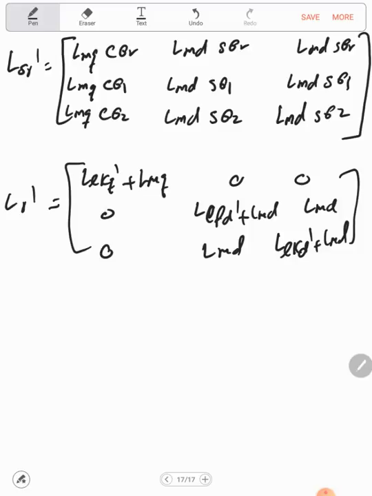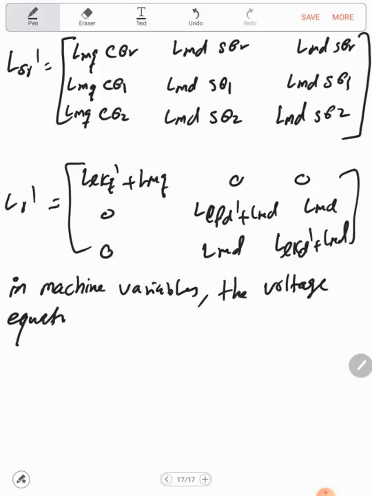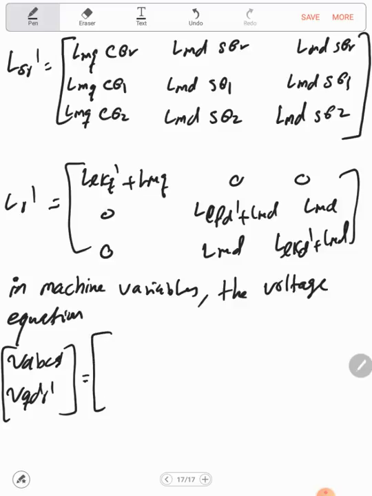So now the voltage equation expressed in terms of the machine variables can be written as VABCS, VQDR dash equal to RS plus d by dt of LS, d by dt of LSR dash.